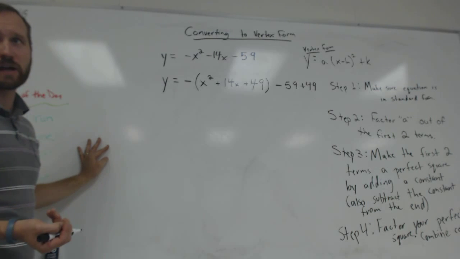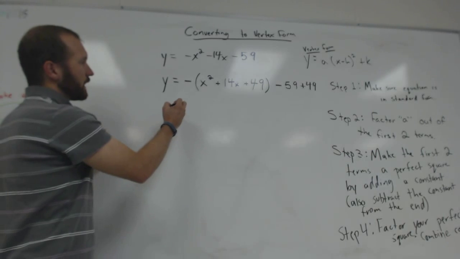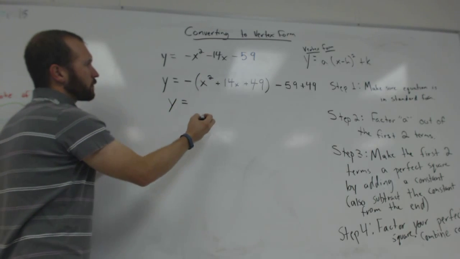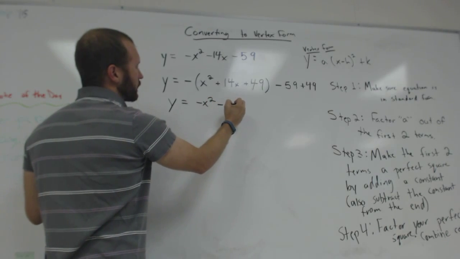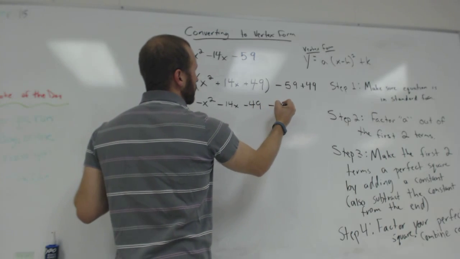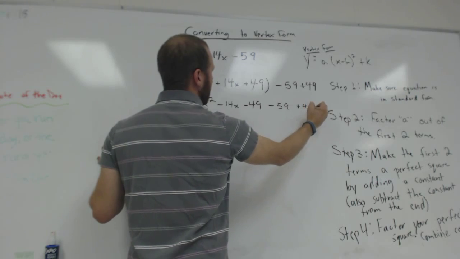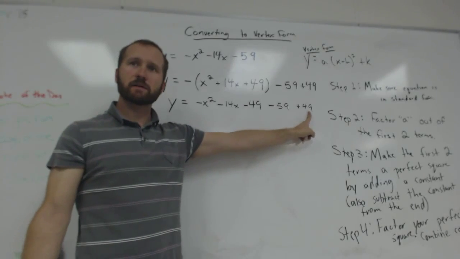If you want to check your work at this point, what you could do is use your distributive property. So I'm going to say negative x squared minus 14x minus 49 minus 59 plus 49. And now that I've distributed, these should look like opposites.